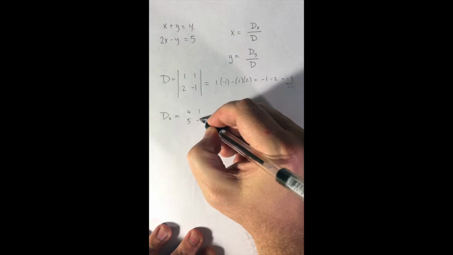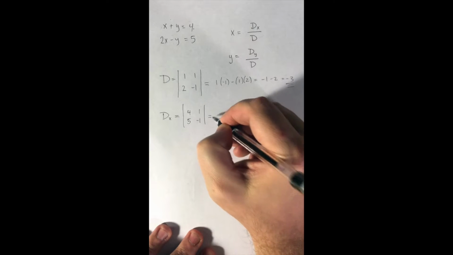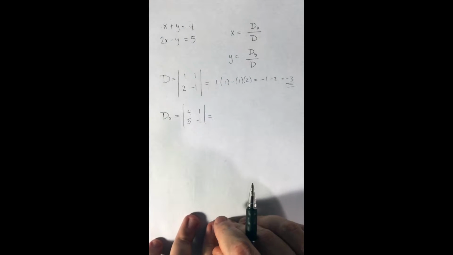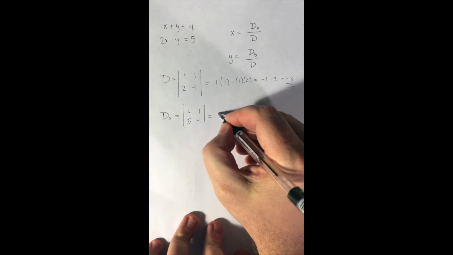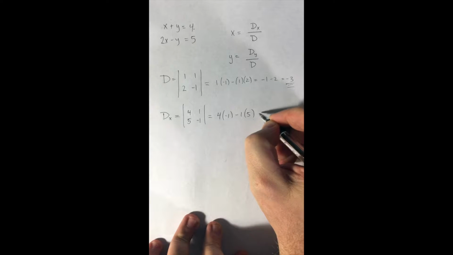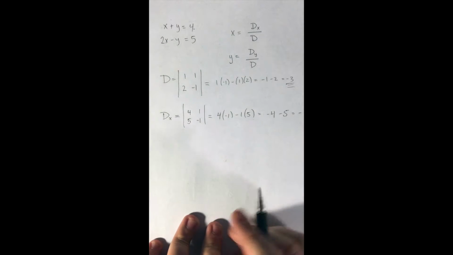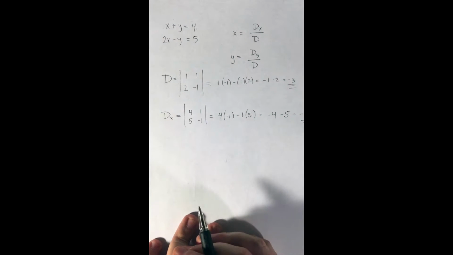So we have a 1 and a negative 1. Now find a new determinant. Notice it's a new 2x2 matrix, and we can find its determinant pretty easily. That's 4 times negative 1 minus 1 times 5. You get negative 4 minus 5, that's negative 9. So there's your Dx value.